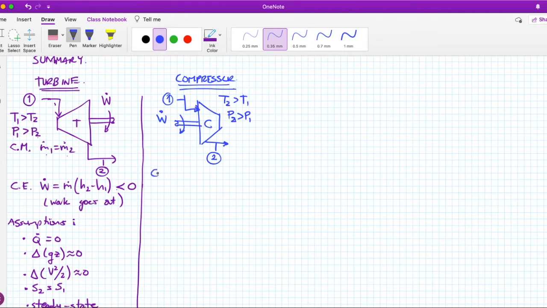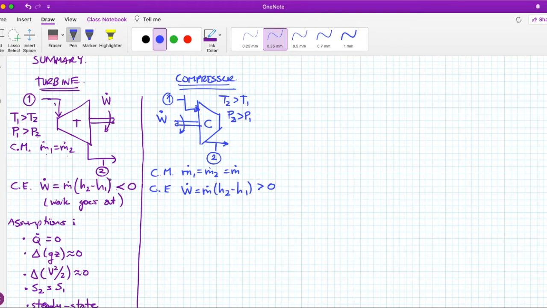Now conservation of mass, and the conservation of mass is pretty simple. M dot 1 equals M dot 2, which is just M dot. Conservation of energy is the work equals m dot times (h2 minus h1). Now this thing will be positive.